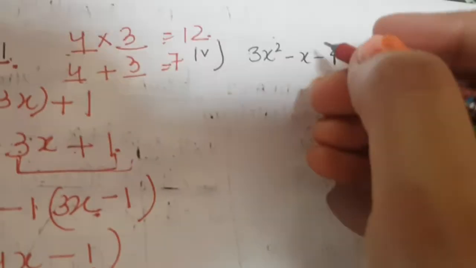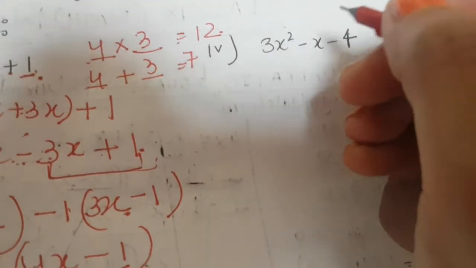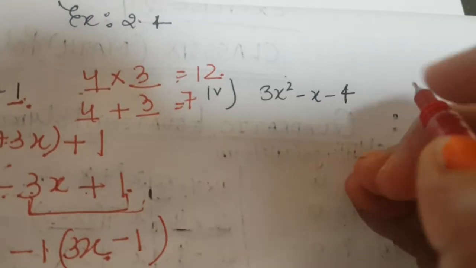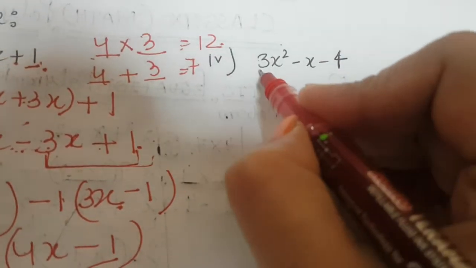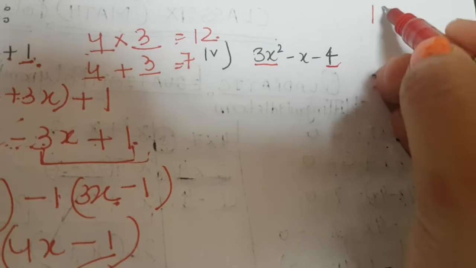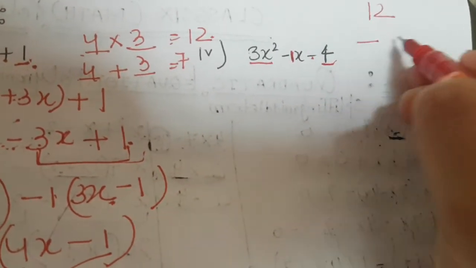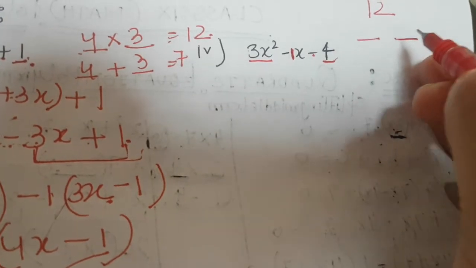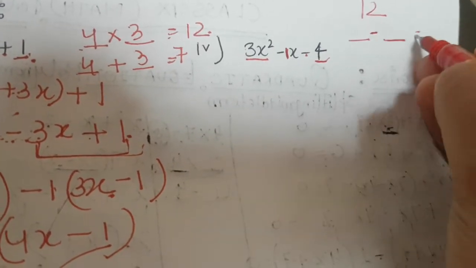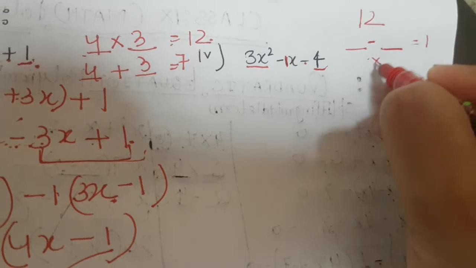One more part, the fourth. Why I am doing it again and again is that the concept should be clear to you. So again 3 into 4 will be 12, and with minus, what should come is 1. So take two numbers such that the subtraction should be 1 and multiplication should be 12.